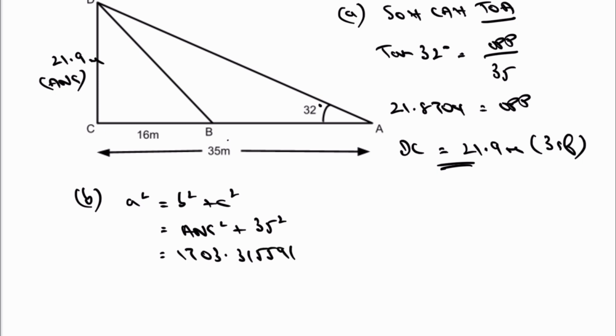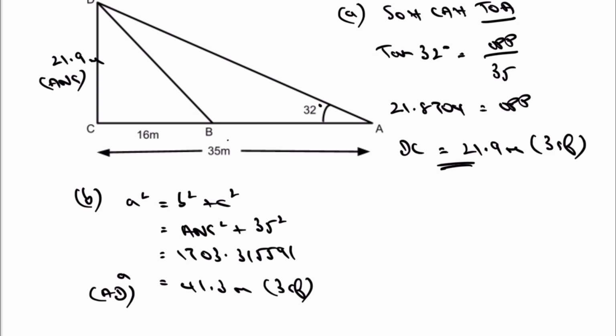So therefore A, which is the same as AD, is going to equal 41.3 meters, and that's to 3 SF. Okay, hopefully that's okay for you. Let's have a look then at part C.